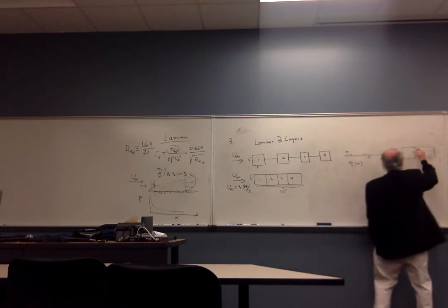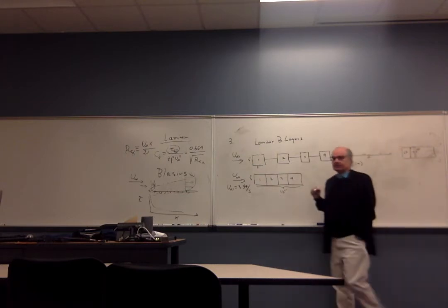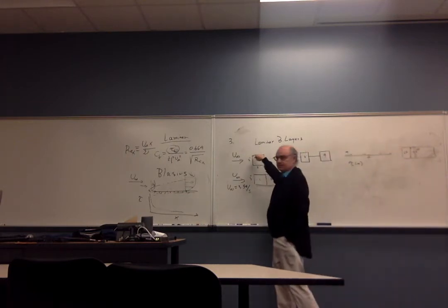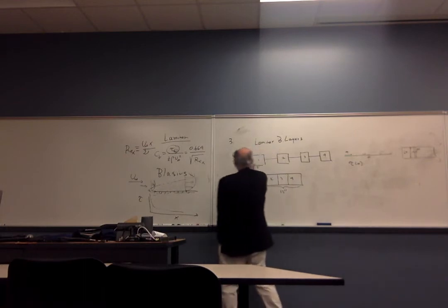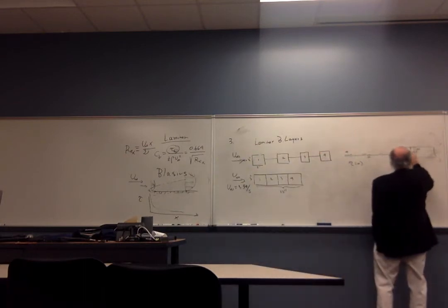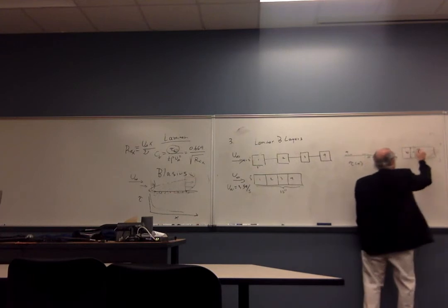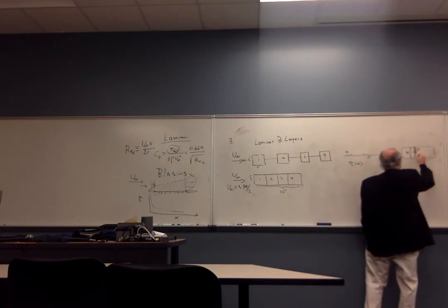And the length of the strip is what? What is the length of the strip? 3 inches, right? Because we're looking down on the plate. We'll just call it W. So this is going to be W. So what is the area of this little strip here?